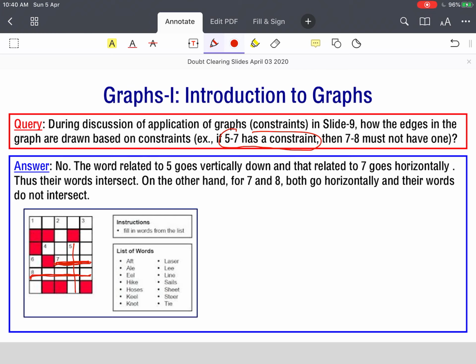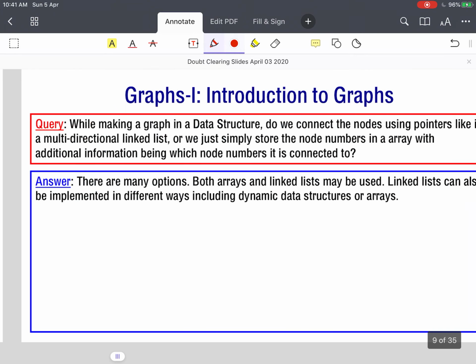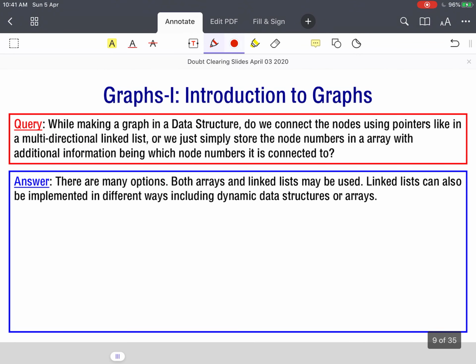But 7 and 8 have no intersection. 7 is 7 across, 8 is 8 across, and they are not related to each other. On the other hand, 7 is 7 across and 5 is 5 down. So the second letter of 5 and the second letter of 7 must match. That is how this constraint has come.